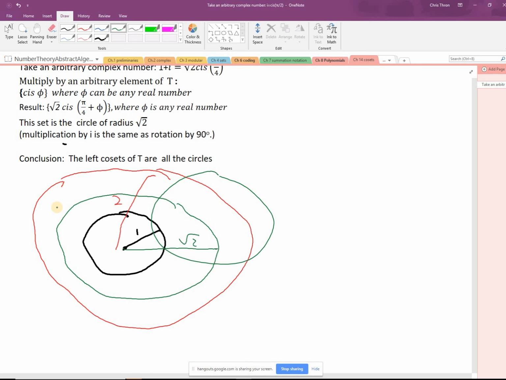But what about those subsets? They're pairwise disjoint. So this cannot be a coset because it's not disjoint. It intersects this red one and this green one.